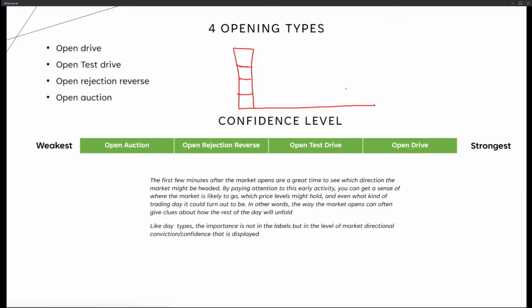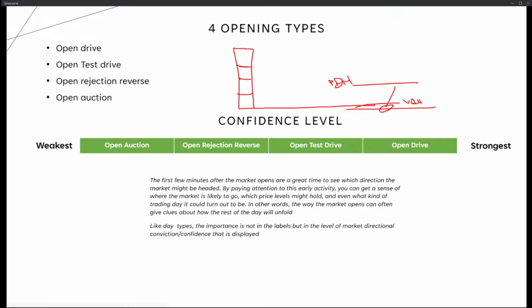Yeah, okay. So on open test drive, let's say you open, and let's say we open between, this is value area high, and this is PDH right here. And typically you're going to reject off a PDH, PD low, extreme value area high, low, weekly highs, lows.